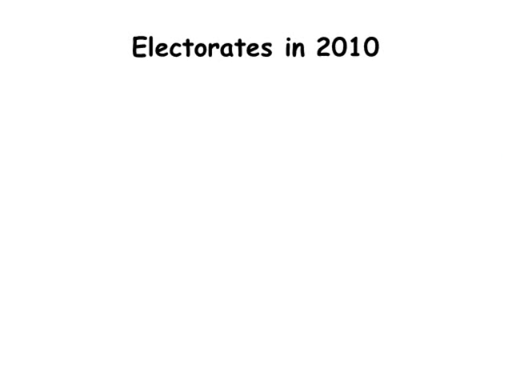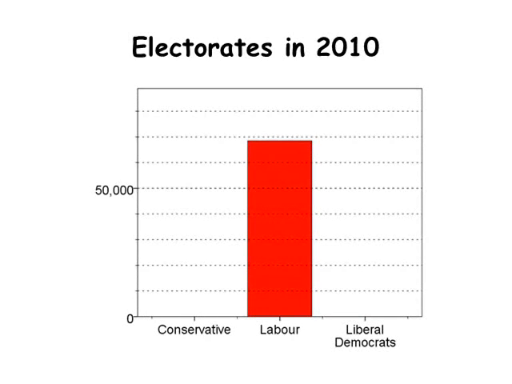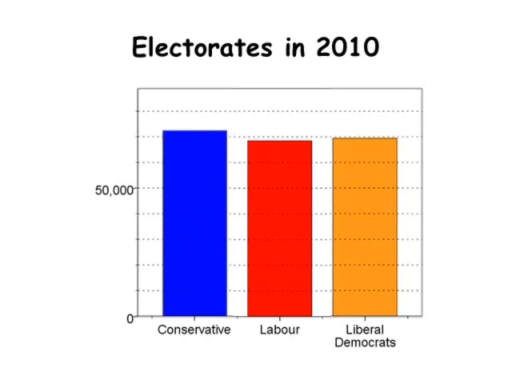So we know that some bias is caused by the size of electorates, and when those electorates are of different size, then some bias will occur, and we demonstrated that with our first example. What about the 2010 general election? This is the electorate in seats won by Labour, by the Liberal Democrats, and by the Conservatives, and you can see that they are more or less rather similar.